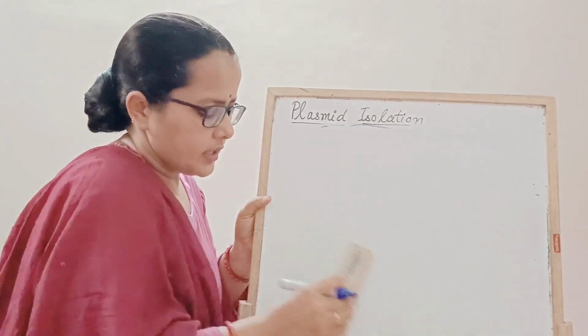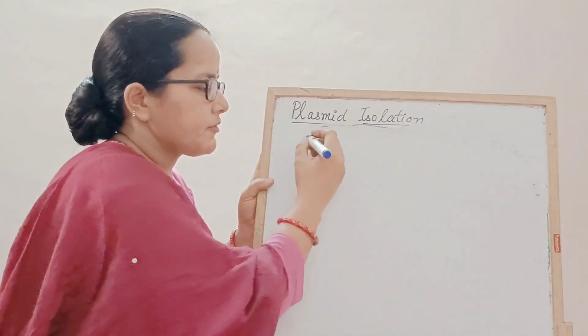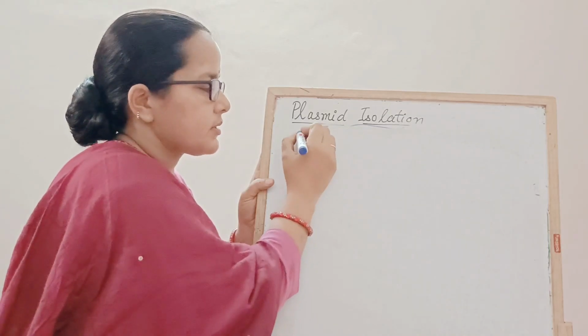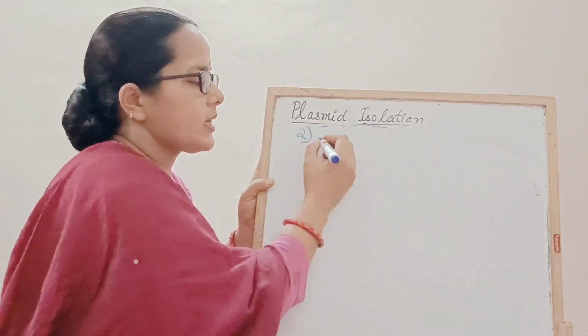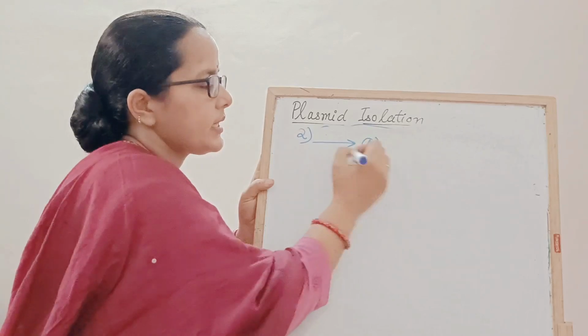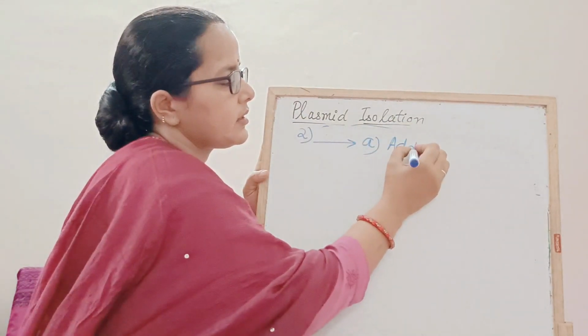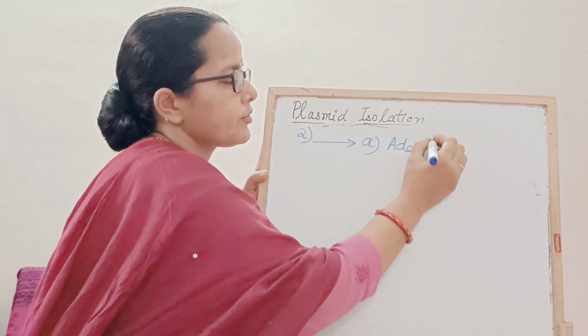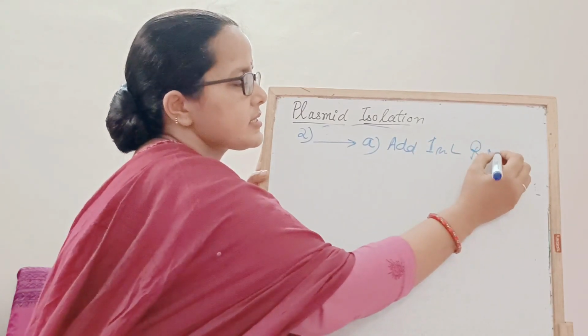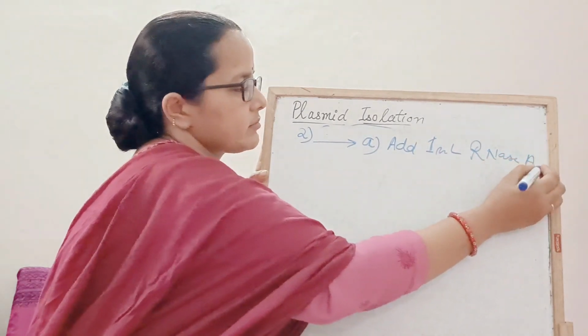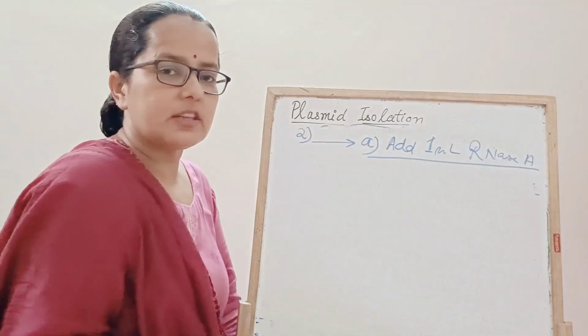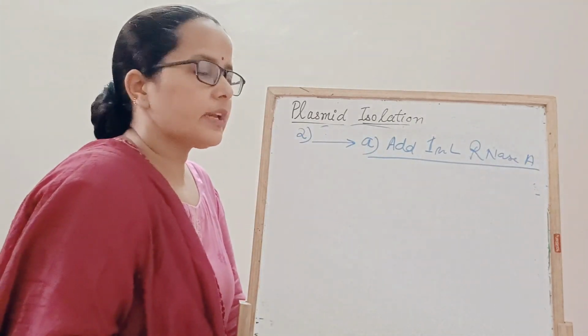So if your plasmids are in the buffer, now you have to do two things. One is, you have to add 1 microliter of RNase A. I have explained in the previous lecture how it will help.